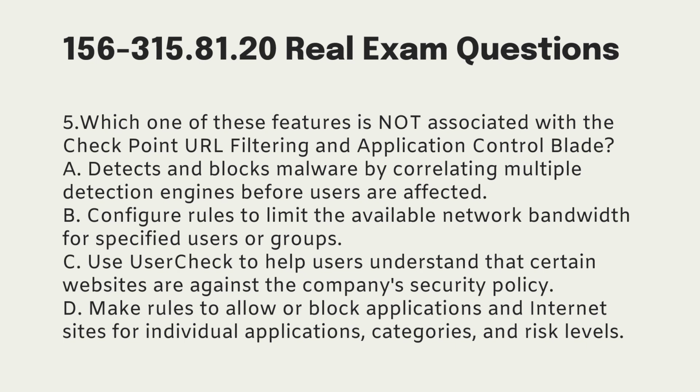C. Use UserCheck to help users understand that certain websites are against the company's security policy. D. Make rules to allow or block applications and Internet sites for individual applications, categories, and risk levels.